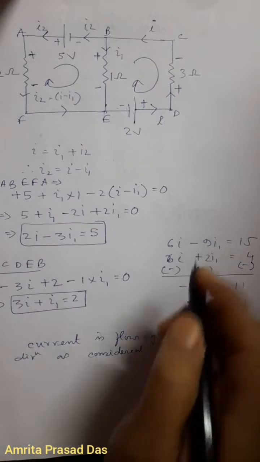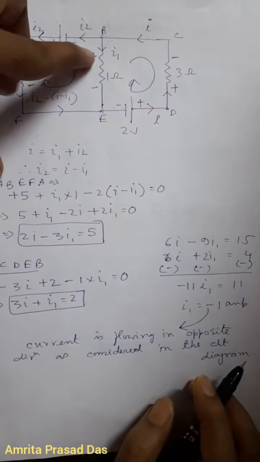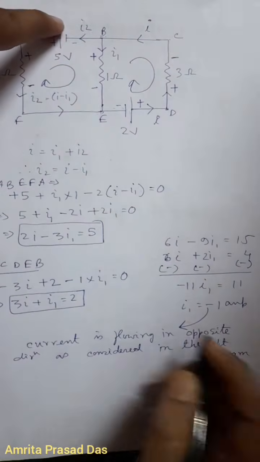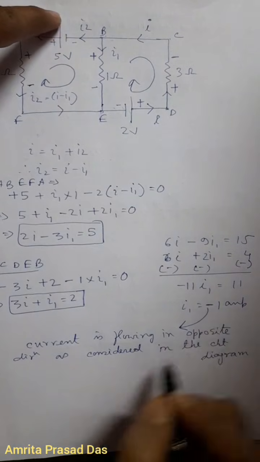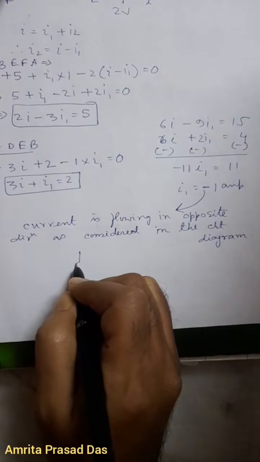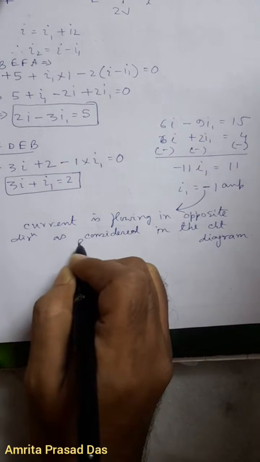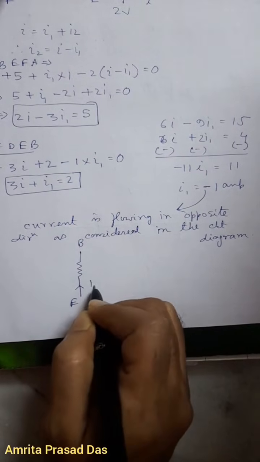That means we considered that the current is flowing from B to E, but solving this equation we get current as minus 1 ampere. This indicates that current is flowing from E to B, and the magnitude is of course 1 ampere.